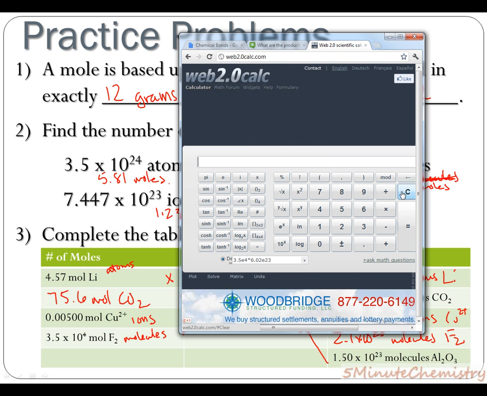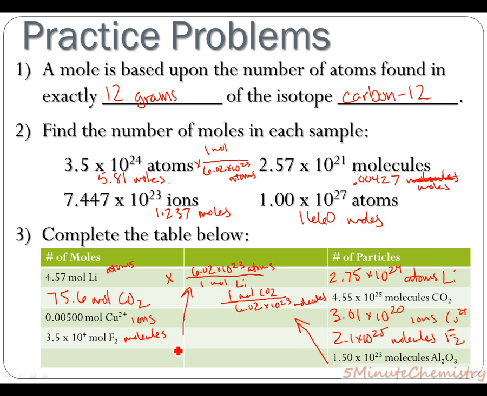So we'll take our 1.5 times 10 raised to the 23rd power, divide that by 6.02 times 10 to the 23rd power, and we get 0.249 moles of Al2O3. Sorry this one ran a little bit long, but this is where things get a little bit more involved, and I just want to make sure that you have full examples for how these work.